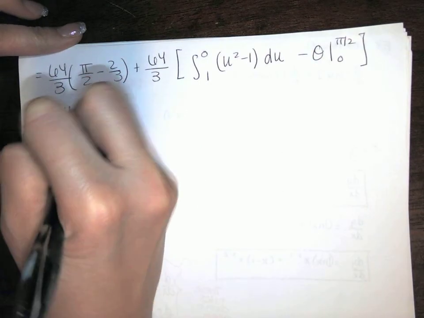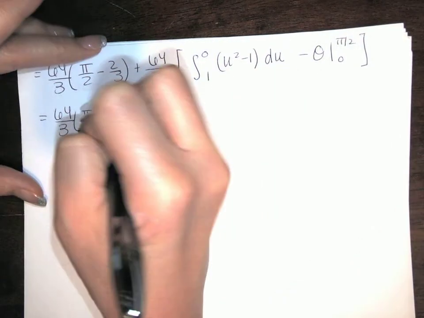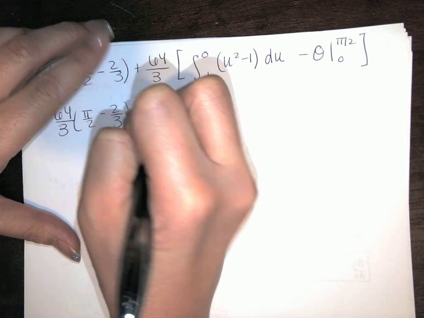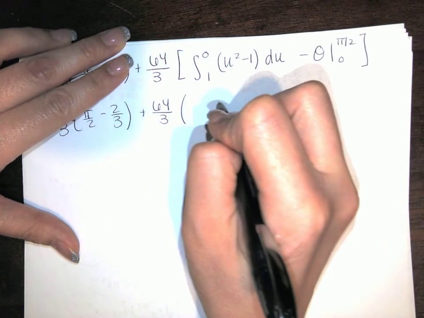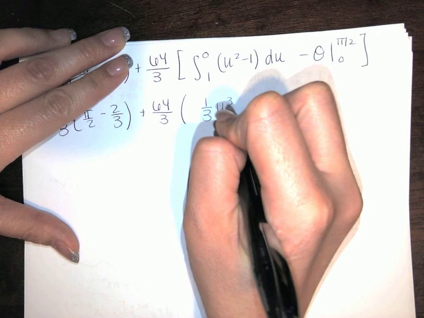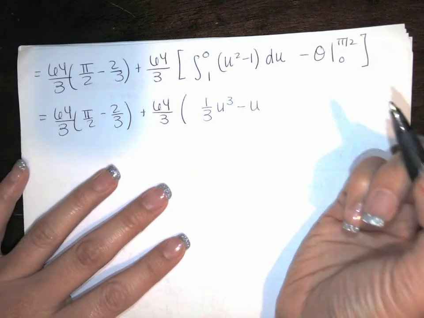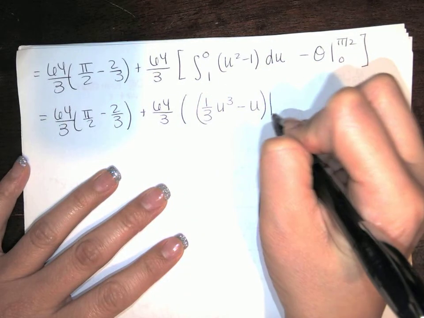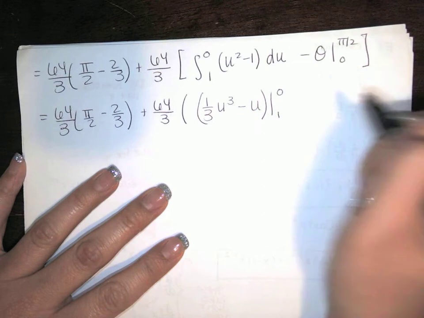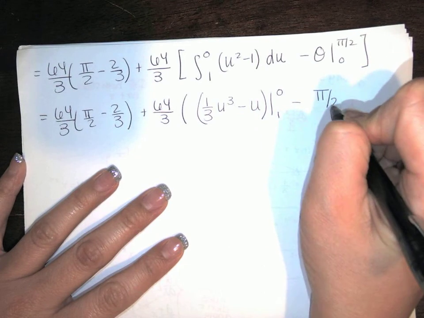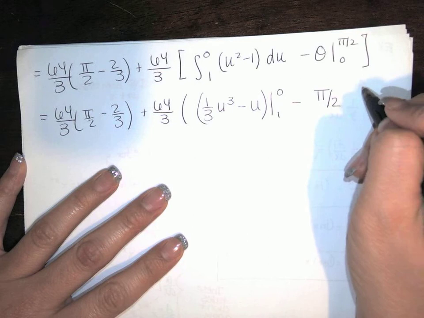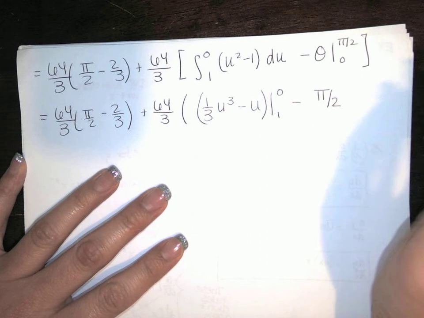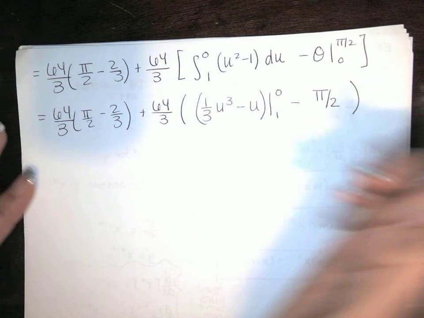Not too bad at all. Antiderivative of u squared is just 1/3 u cubed. Antiderivative of 1 with respect to u is just u. Substitute in 0 and 1 and subtract. Over here we're going to substitute in pi over 2 and 0 and subtract, so we just get a negative pi over 2 minus a negative 0, which is just plus 0.